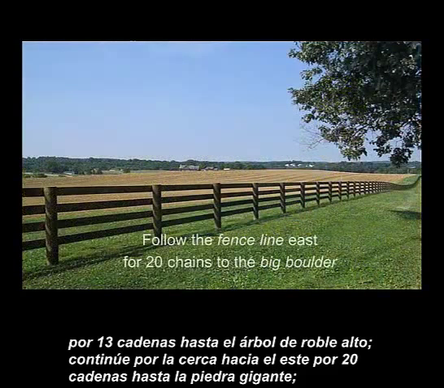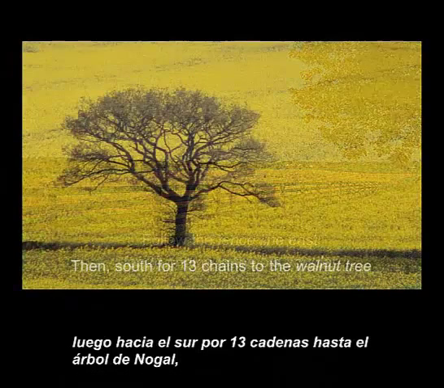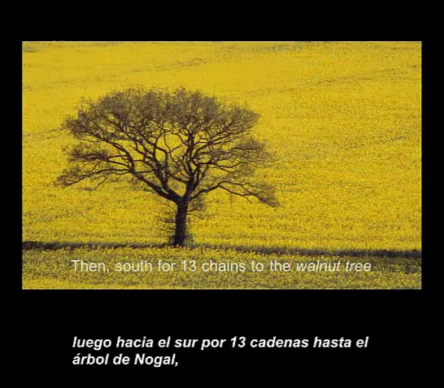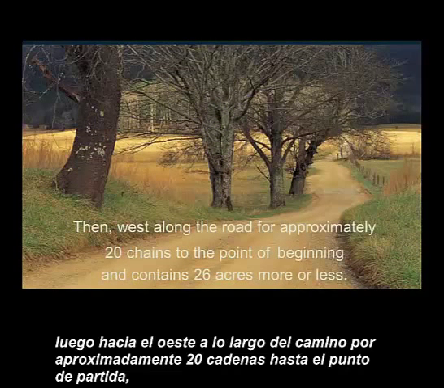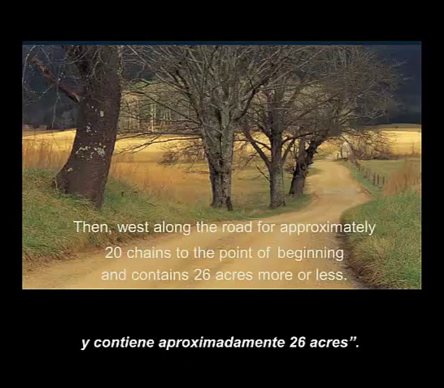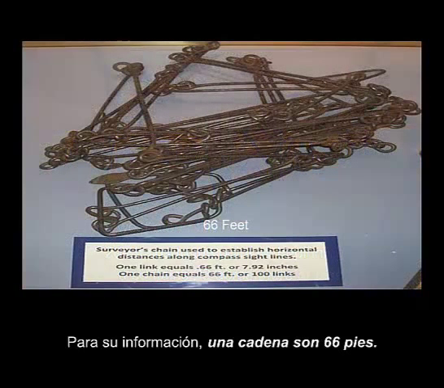Follow the fence line east for 20 chains to the big boulder, then south for 13 chains to the walnut tree, then west along the road for approximately 20 chains to the point of beginning, and it contains 26 acres more or less. For your information, a chain is 66 feet.